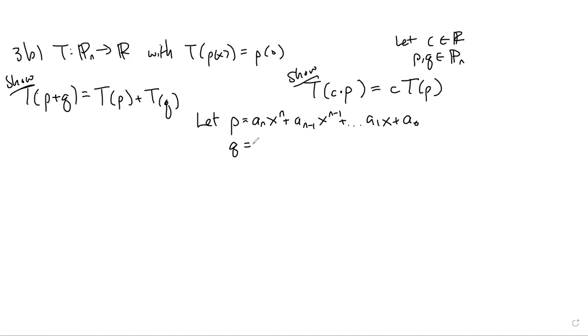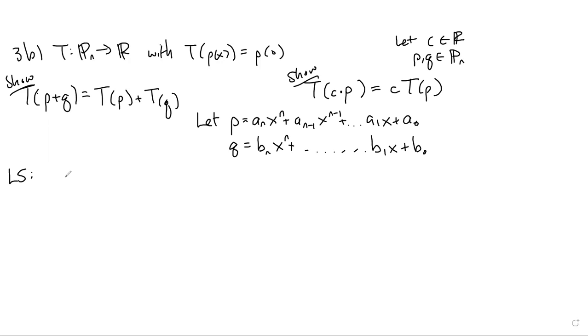And q is going to be, I'll just use b's for my coefficients. Right, so those coefficients can be any real numbers, and that should let them be completely arbitrary within these polynomial spaces.